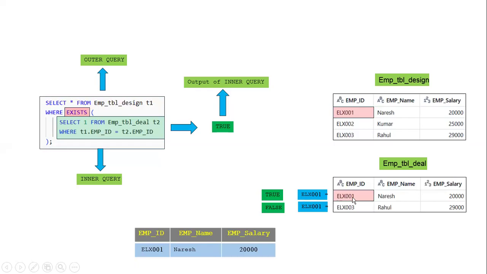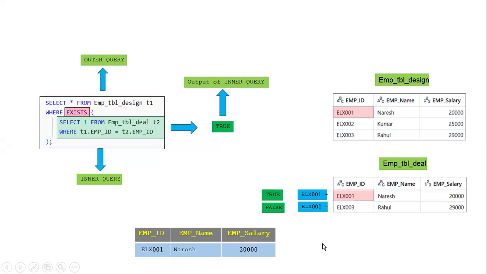Yes, this is equal, so I mentioned true. When the output comes true, then this record ELX 001 will get printed. In the first iteration, using the first record, it checked all the records, and since we got true, this record is printed here.